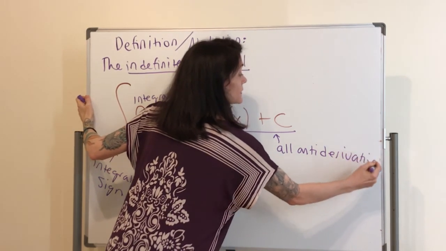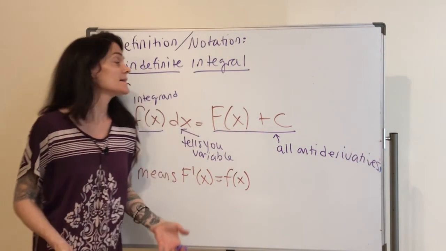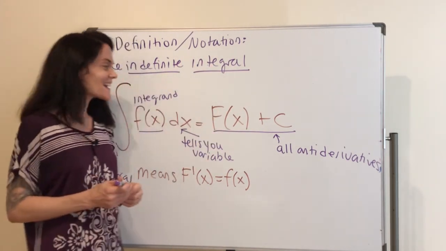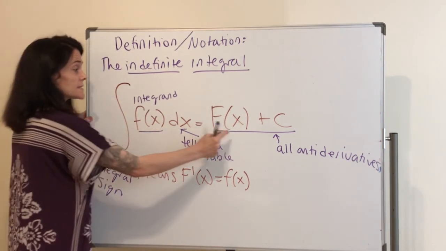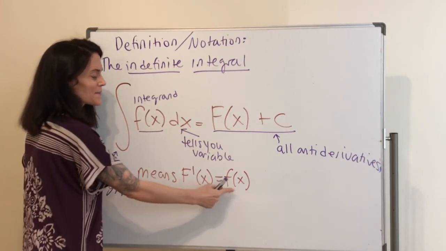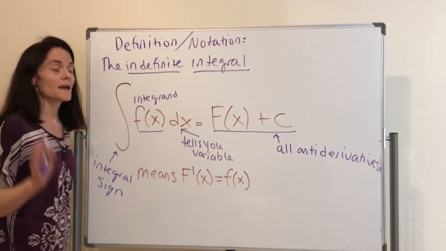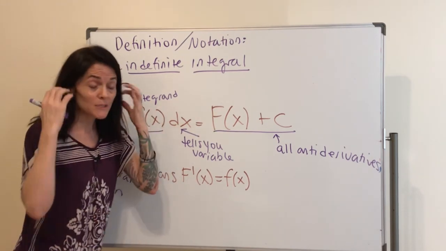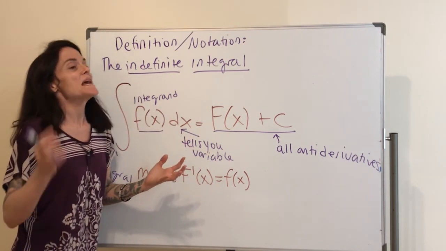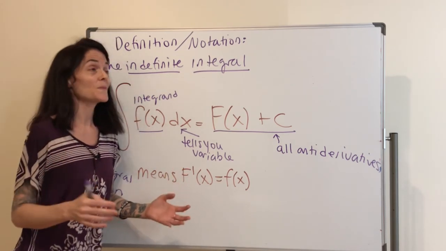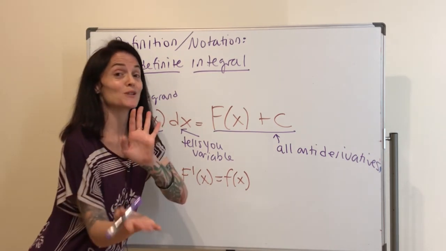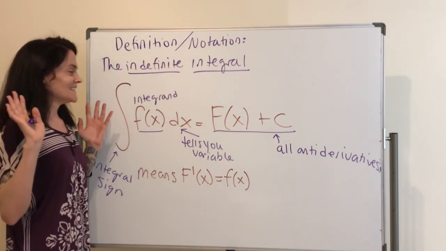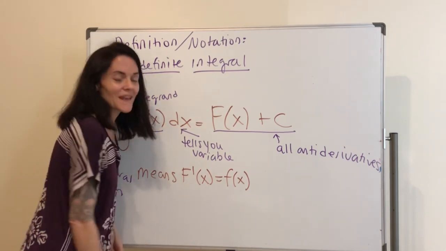And this is what an indefinite integral is. It's a capital F of x plus c, and it's a collection of all antiderivatives. And to write this, this means capital F prime is little f of x. And so we will calculate a few indefinite integrals just by thinking about derivatives. But then we will get into some formulas. So most rules we know for derivatives correspond to rules for antiderivatives. Okay, so let's see a few examples now.